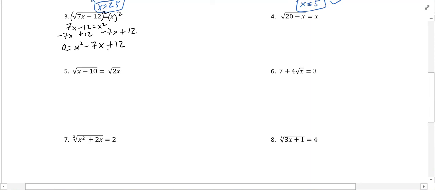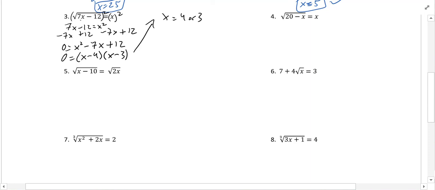Okay, so now I need to look for the factors of 12 that add to negative 7. And so the factors of 12 that add to negative 7 are negative 4 and negative 3. So I get x minus 4, x minus 3. And so then that means my two answers for x would be x equals 4 or 3. And again, we need to do some checking of this.